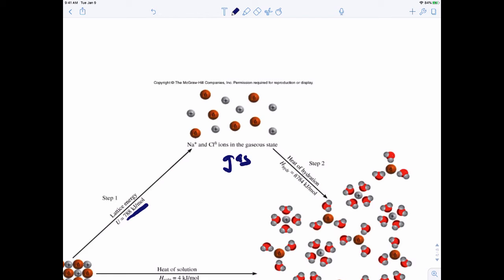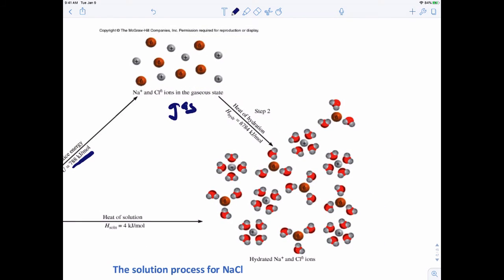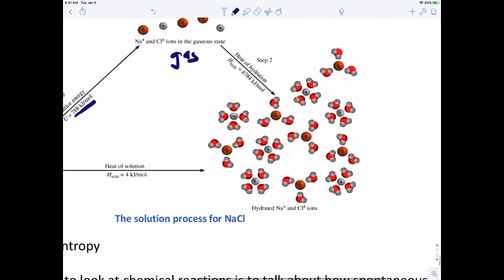We take those ions in the gas state and surround them with water molecules, and we rearrange those water molecules so that the positive ions are attracted to the partially negatively charged oxygens, and the negatively charged chlorides are surrounded by the partially positively charged hydrogens. This is the process of hydration that we talked about back in chapter 4.